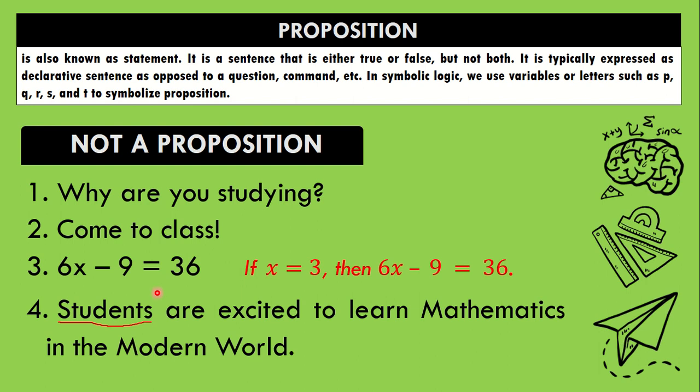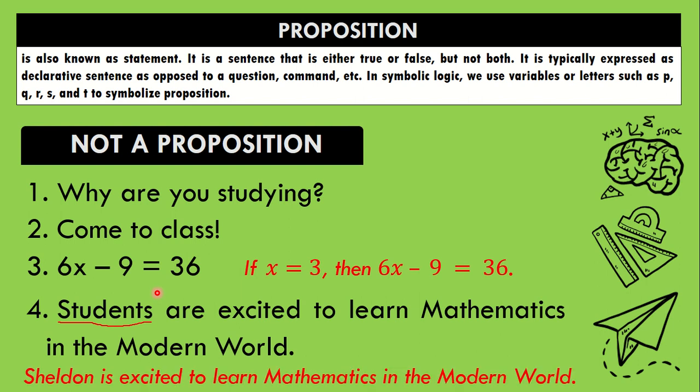So what should we do? We should put a singular pronoun, or it could be a proper or improper one, but we should be specific. For instance, Sheldon is excited to learn mathematics in the modern world.